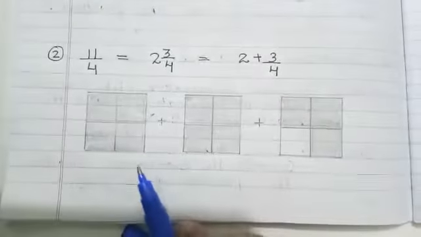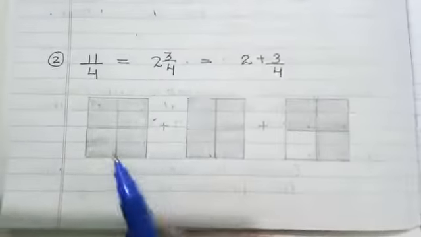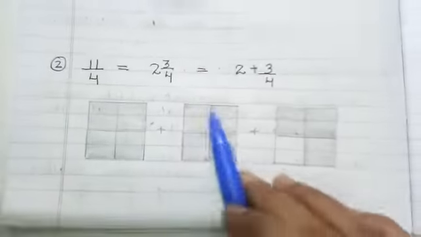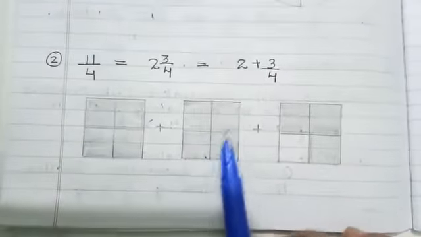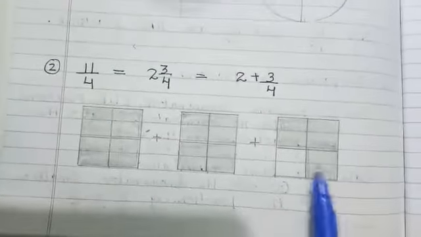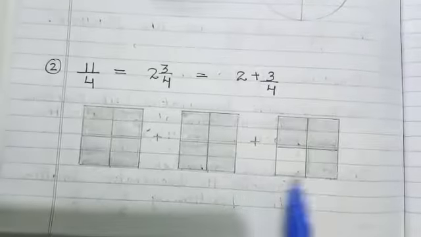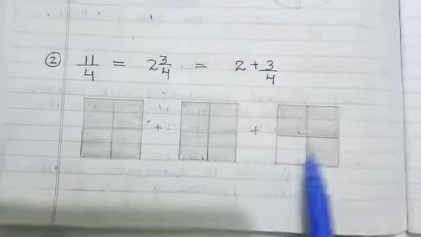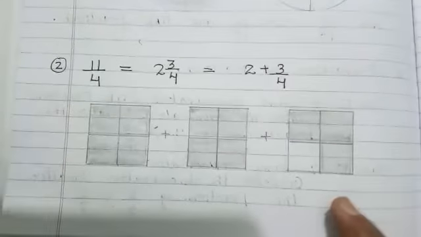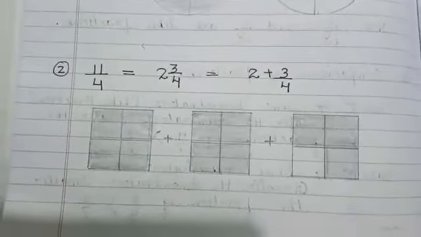Oh sorry, not pizza, this square. If one square is divided into 4 equal parts, 4 parts, and the second square is also divided into 4, so 4 plus 4 is 8, 9, 10, 11. Out of these you have taken 11 pieces, means 2 whole, and from the third you have taken 3 by 4th. So this is all about the improper fraction.